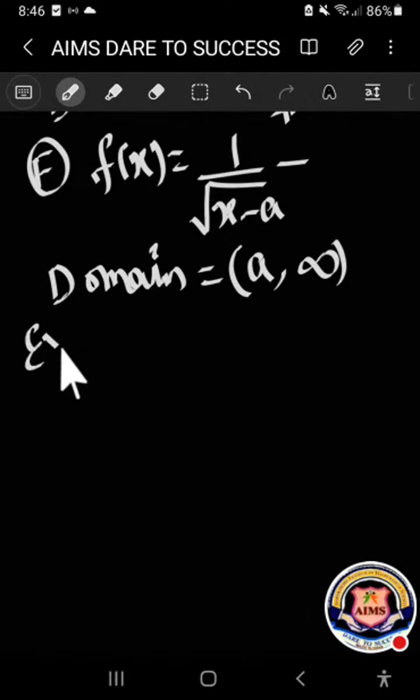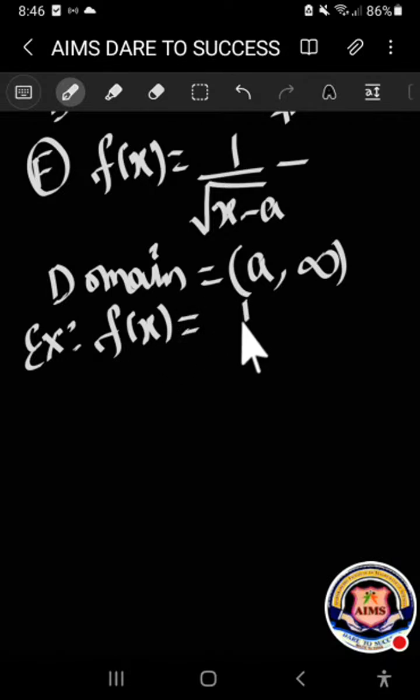So now I am taking one example. Find the domain of f of x is equal to 1 divided by under root of x minus 2. You can compare with these two values, my dears.